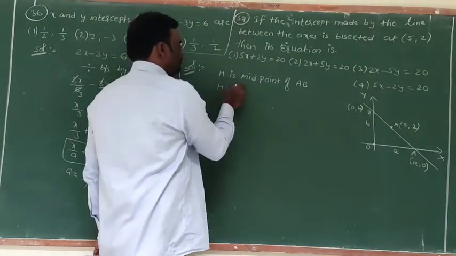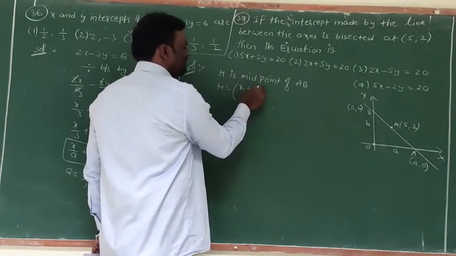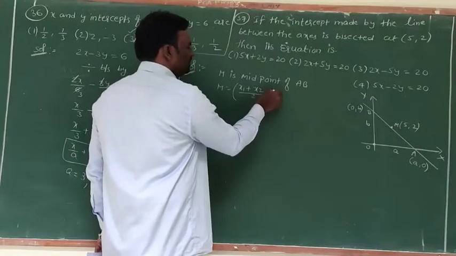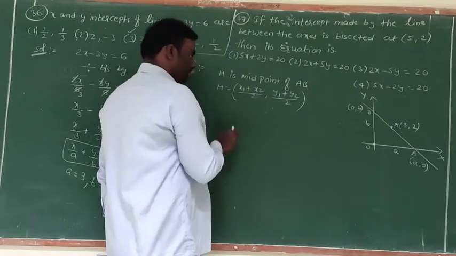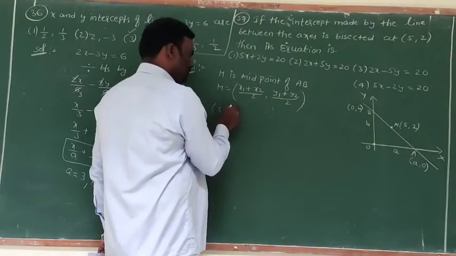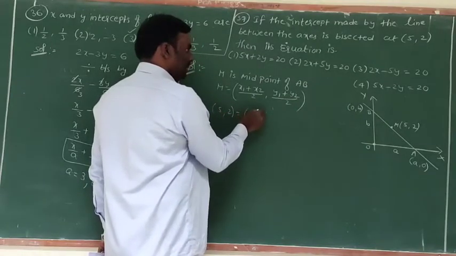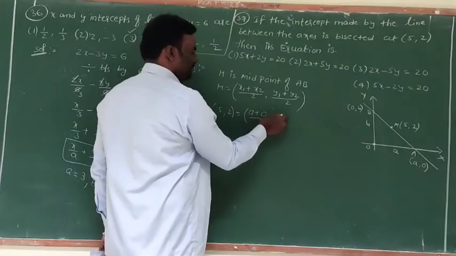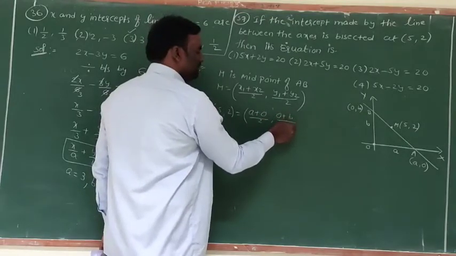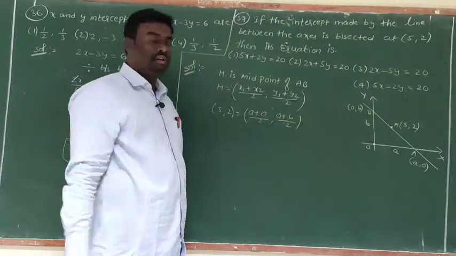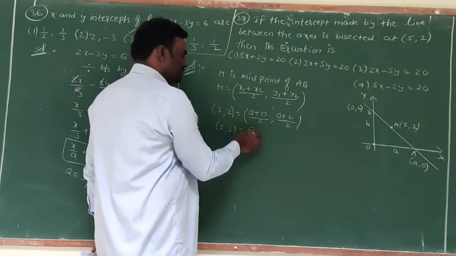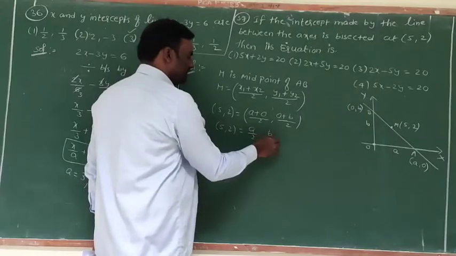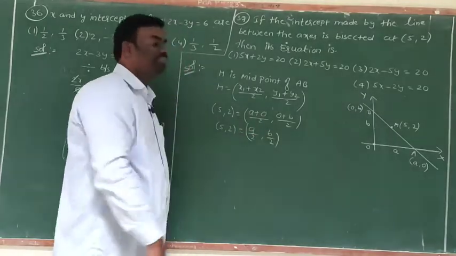What is the midpoint formula? M equals x1 plus x2 by 2, y1 plus y2 by 2. Now 5 comma 2 equals a plus 0 by 2, 0 plus b by 2. Now we can write 5 comma 2 equals a by 2 comma b by 2.